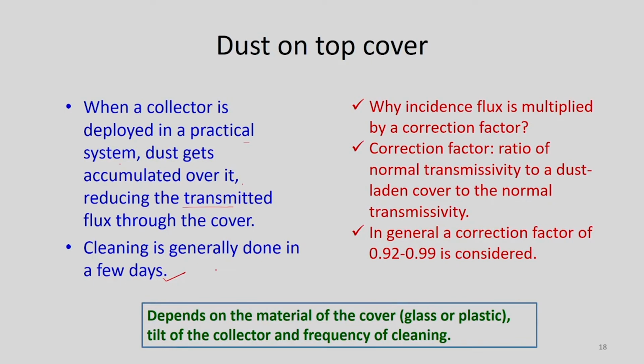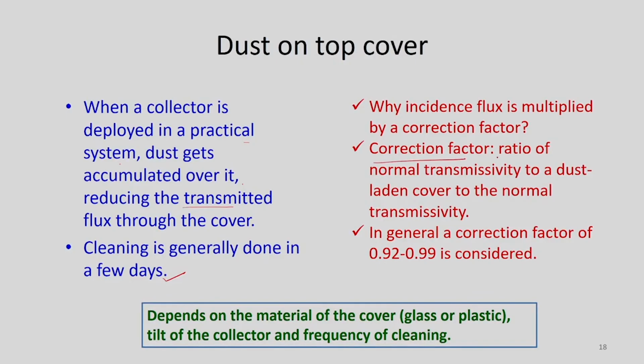Because of the dust accumulated over the glass cover in flat plate collectors and on the PV modules, the intensity reduces. That is why we need to multiply with a correction factor. So, what is the correction factor? It is the ratio of the normal transmissivity of a dust laden cover to the normal transmissivity.